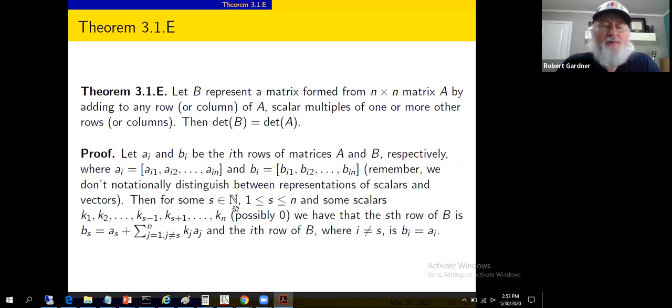Then, for some natural number S and some scalars K1 through K sub n, except for K sub S, we have that the S row of B is B sub S equals A sub S, the S row of A, plus K1 times the first row of A, K2 times the second row of A, and so forth.